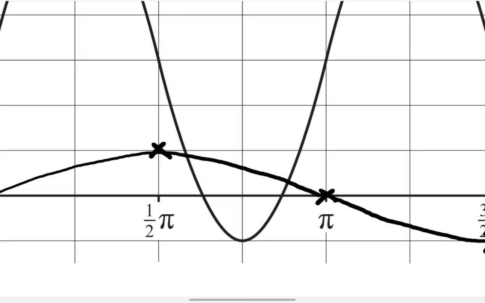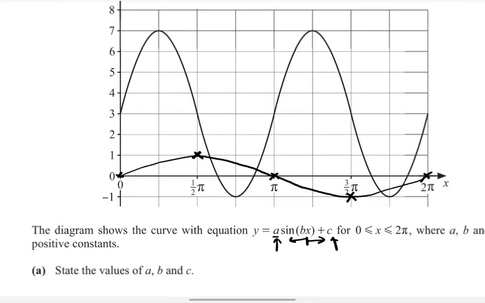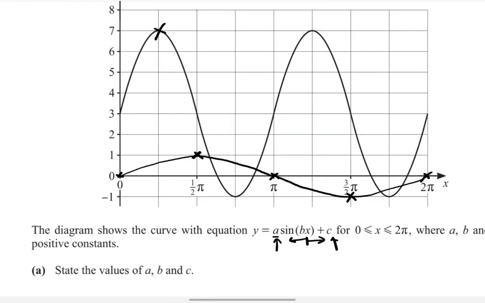So if we look at this part, it is now here, and this part right here, it's now here. So that tells us that the x-axis has been divided by 2.